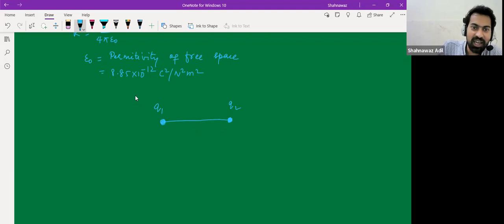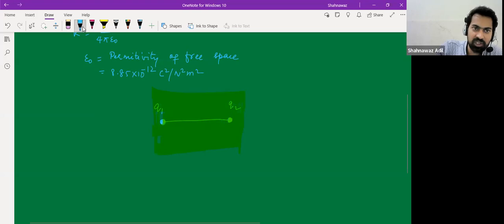So when I place these two charges in a medium, the force changes.